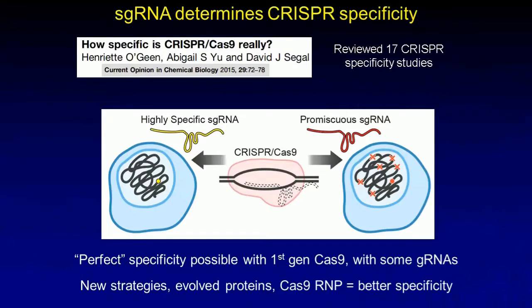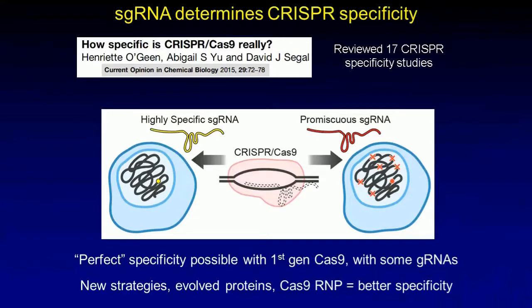So the choice of guide RNA is critically important to whether you would have high fidelity in targeting or off-targets. In addition to this information about the choice of guide RNA, the strong advice there would be to try several different guide RNAs and then use one of the third generation specificity assays to just determine which one gives you the best off-target profile.